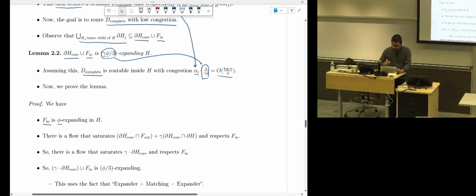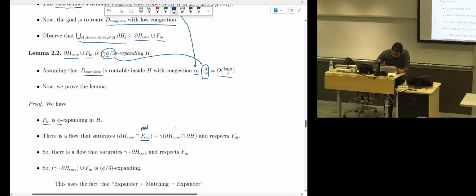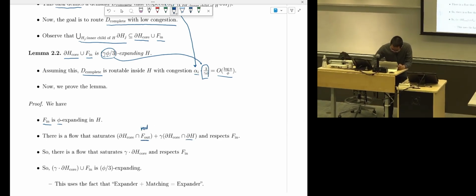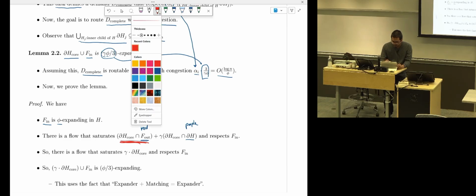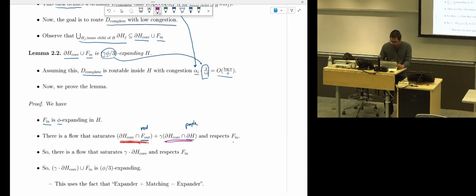This is the red one, this is the purple one, and there is a flow that saturates the red one and the purple one to F in, the green thing.